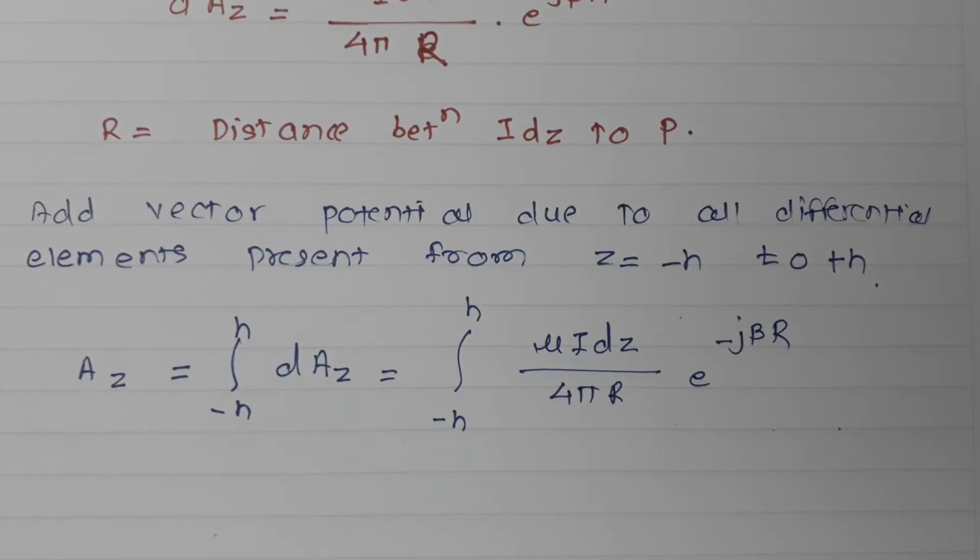The problem in solving this integral is that the current is not the same over the length, as we have seen in the Hertzian antenna. So we can see how we can find the current.